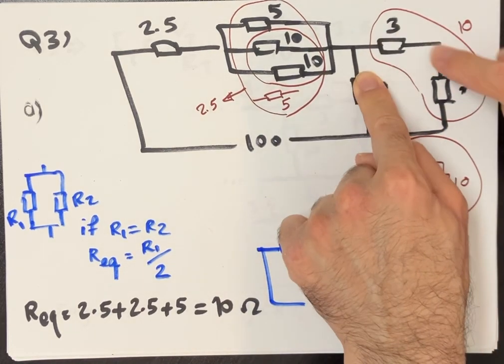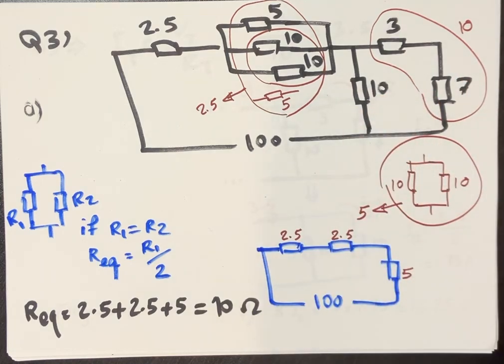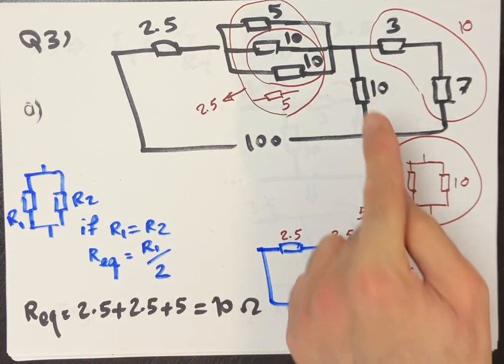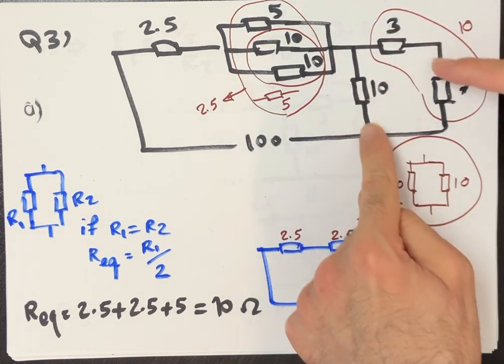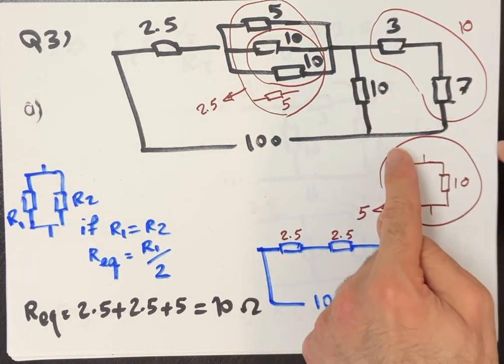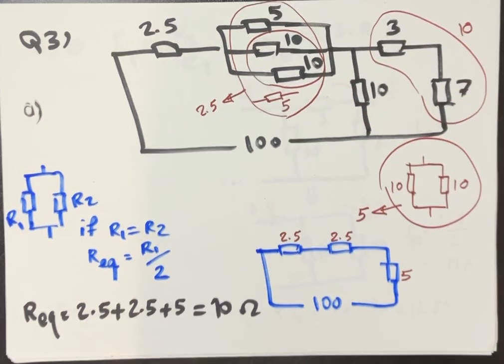In general, to calculate parallel resistors, you multiply them and divide by the sum. But in case they are equal, it's even easier. The equivalent resistor equals half of one of them. So the equivalent resistor for this part is just 5, which is half of 10. Everything here can be replaced by 5.